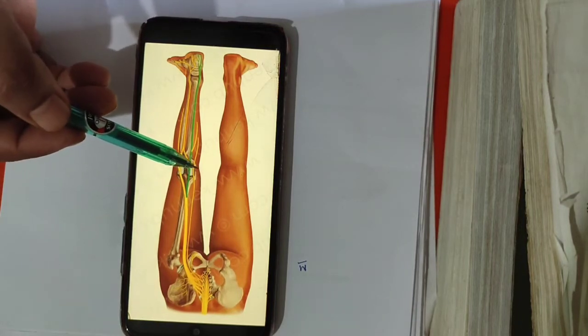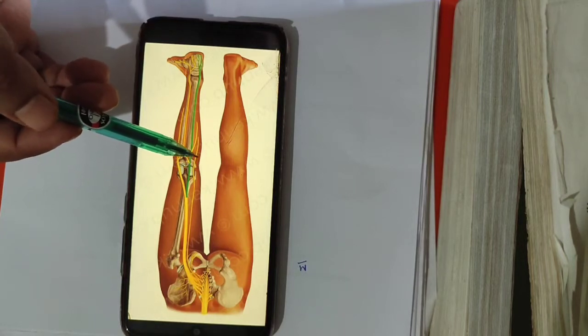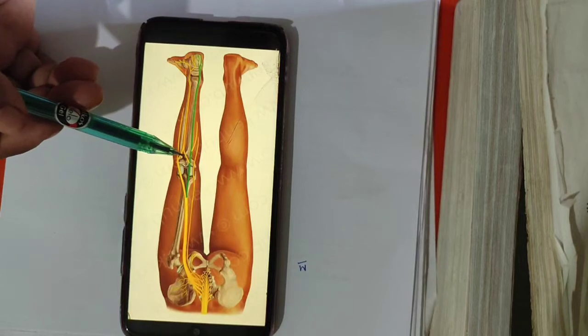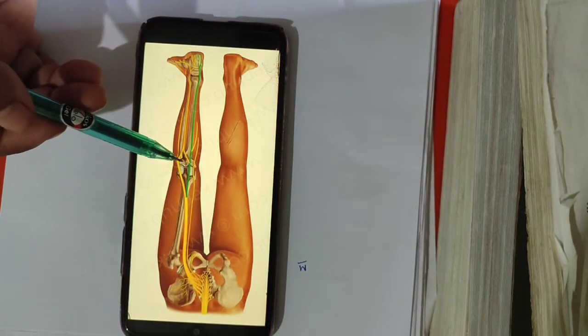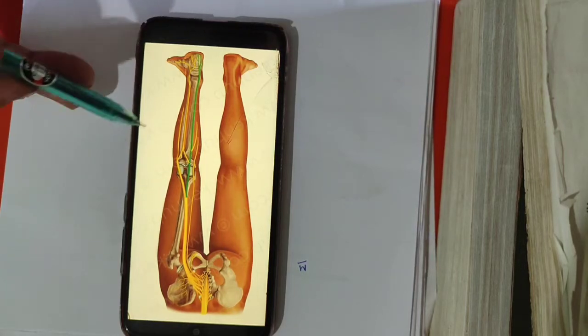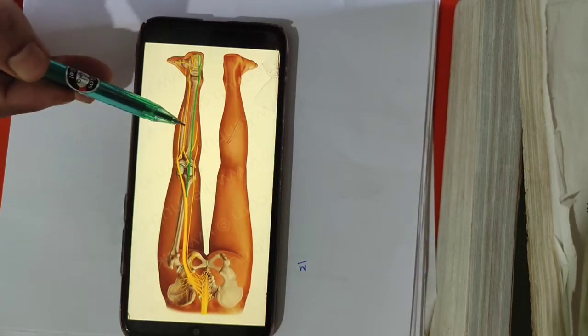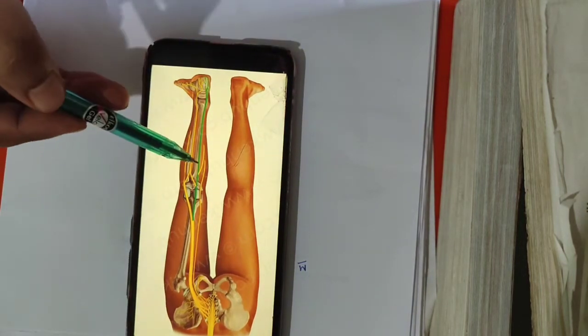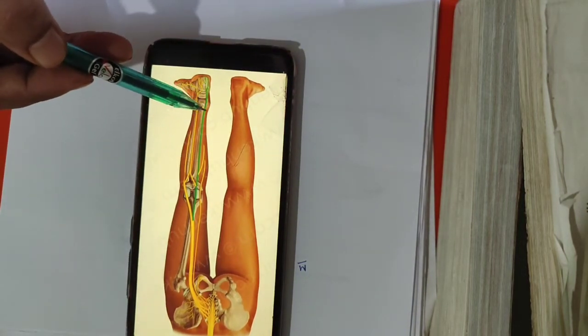Then it passes deep to the soleus muscle and runs vertically through the deep layer of the posterior compartment of the leg along with the posterior tibial vessels. This is the posterior compartment of the leg.